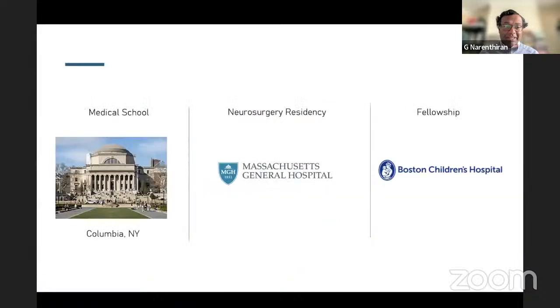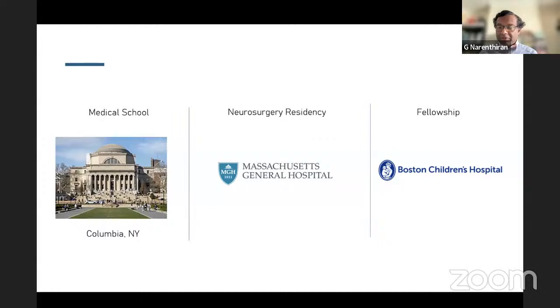In terms of Dr. Edward Smith, he did his medical school at Columbia University, New York, which has been one of my favorite universities in the last 6 months, with all the good students there. Then he did his neurosurgery residency at Massachusetts General Hospital, a prestigious residency associated with Harvard University.